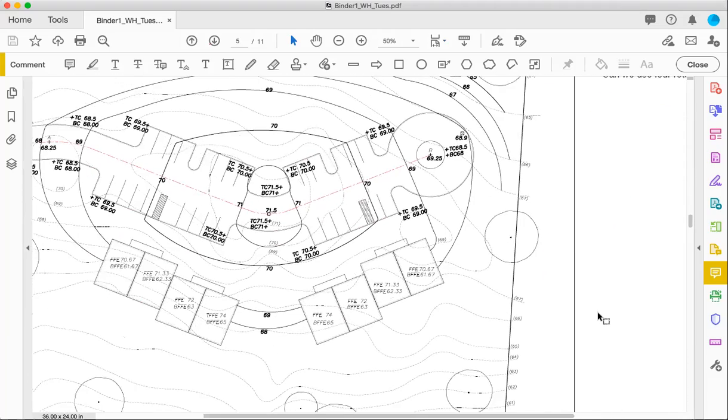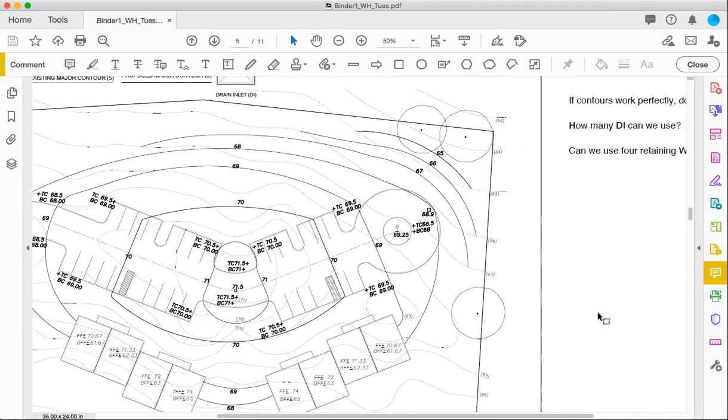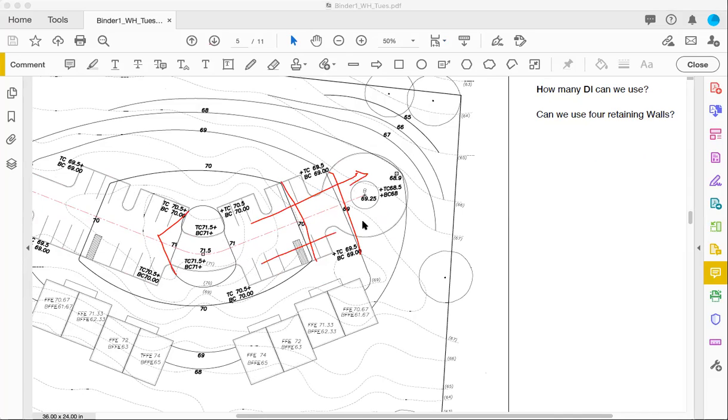The first thing that I recognized was the crown. The crown signature is not there yet. Your parking lot needs to have a crown pattern for your contours, not like that, because all this is doing is making the water sheet flow.